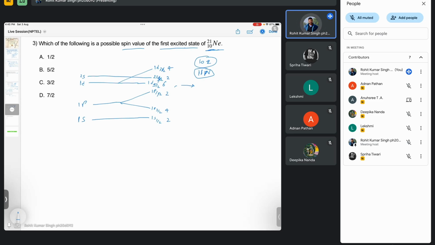So this is the ground state configuration, 1d 5 by 2, right? Now what could be the excited state? Should it go to 2s 1 by 2 or 1d 3 by 2? What do you guys think?